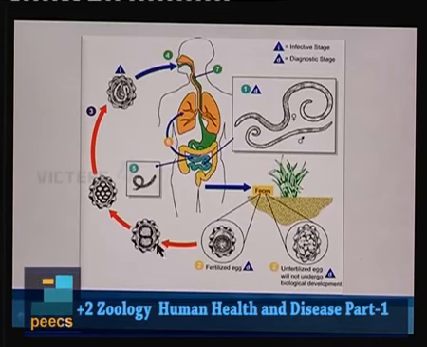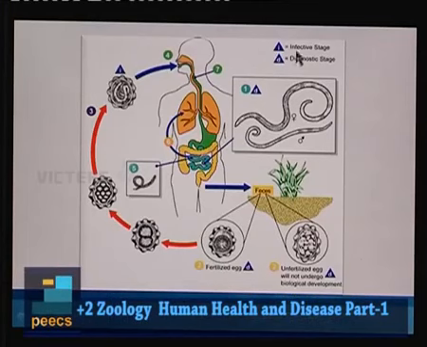The fertilized eggs undergo further development, and after development it is ingested by the person. It enters the mouth, and through the pharynx and esophagus, it will enter the digestive system. So, it resides in the small intestine. Here the infective stage is shown. So, the mode of transmission for ascariasis is by contaminated food and water.